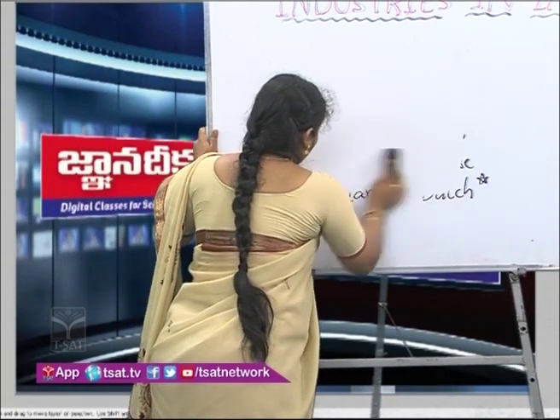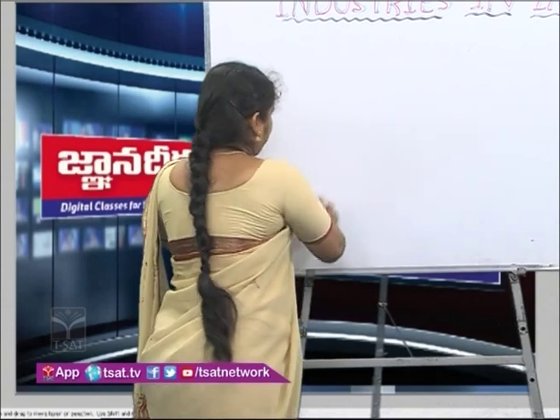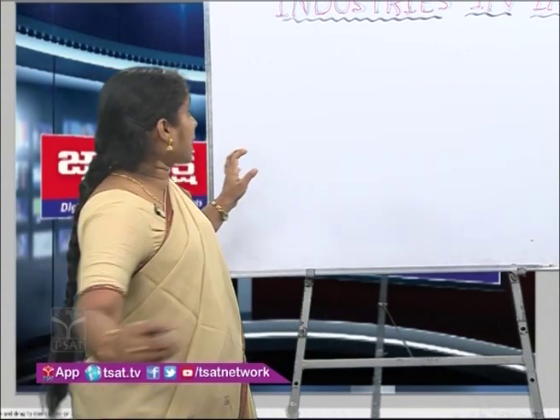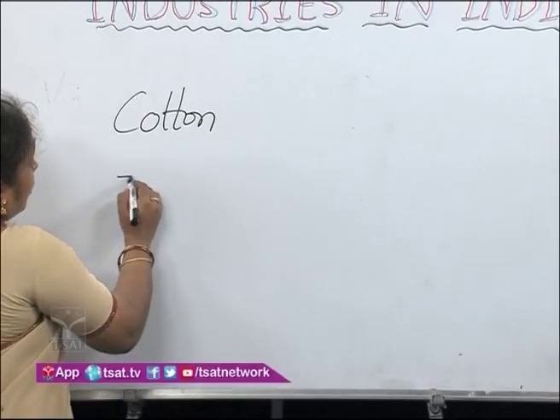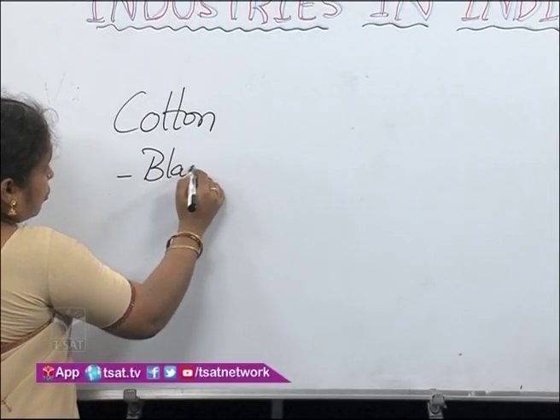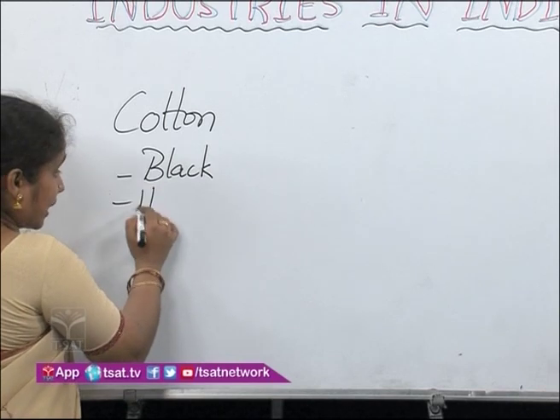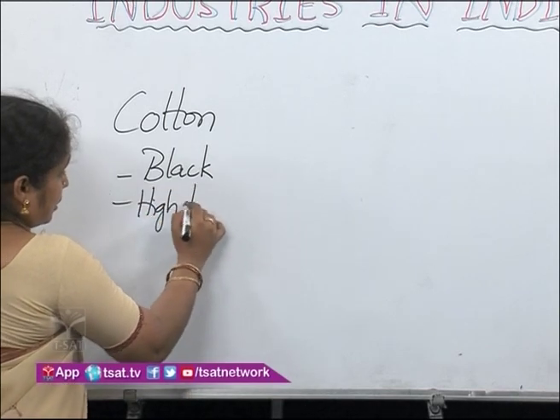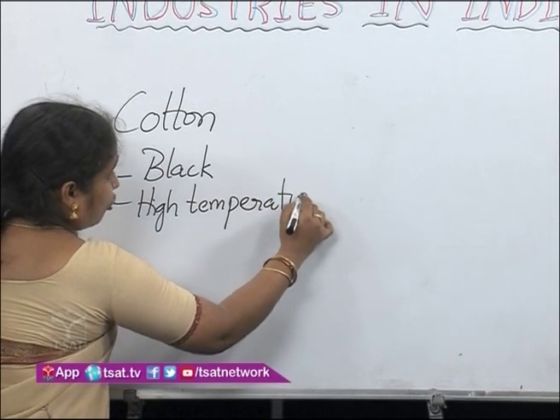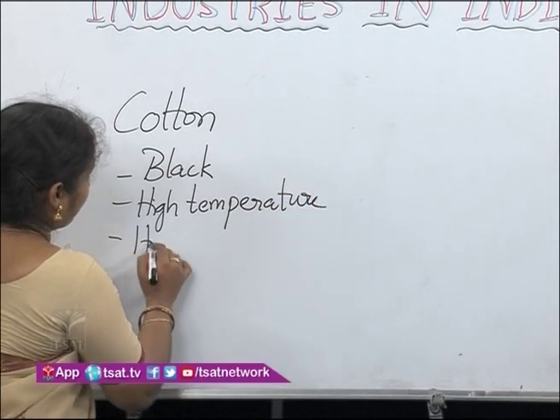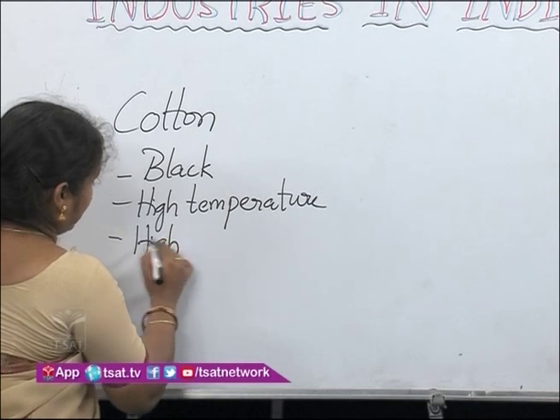Cotton is a crop which grows better in black soils. There are certain conditions needed for growing the best cotton. Black soil is the convenient soil. It needs high temperatures, it needs high rainfall, but it also needs 210 frost-free days.